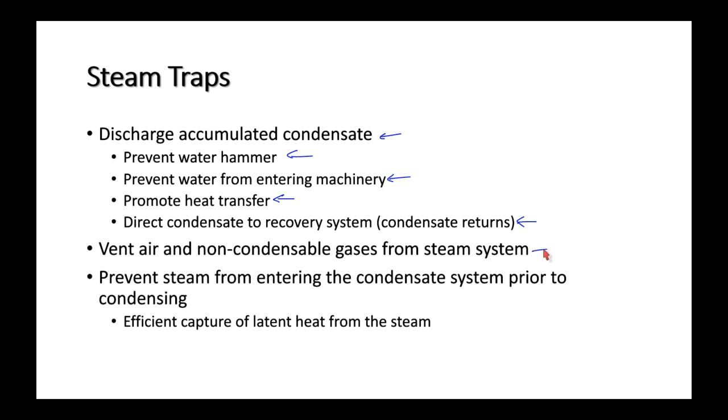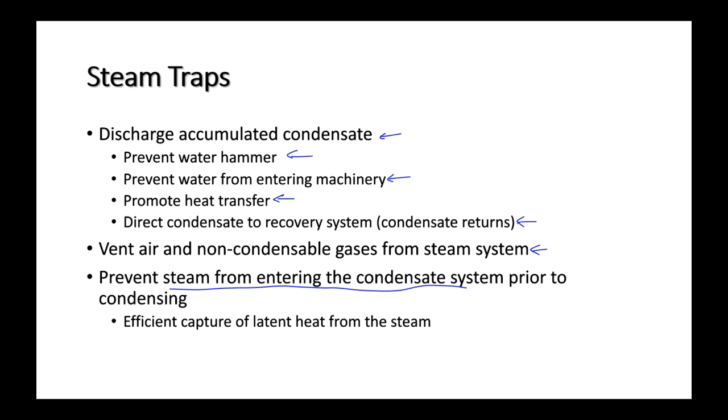So what else do we do with steam traps? We vent air and non-condensables, as I already mentioned. And then, very important, we prevent steam from entering the condensate system because the steam has all of that latent heat, all of that energy that we want to apply to its intended purpose. We want that steam to be going through turbine blades, not out through turbine casing drains.